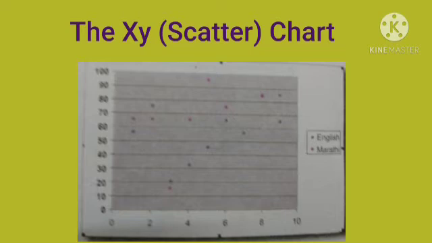You use it when you want to change the scale of the horizontal axis. An XY chart plots each point with a mark and connects the points in each series with a line.